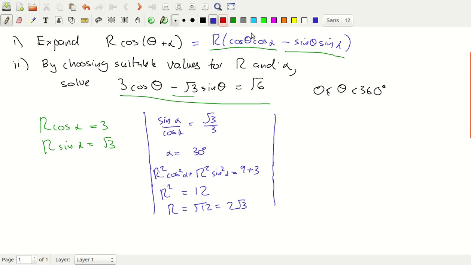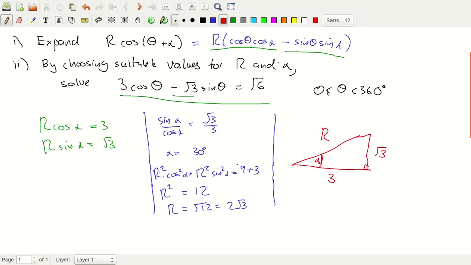The other method gets exactly the same answers, and I think I prefer it: rather than being heavy on the algebra, it's heavy on the geometry. So what does r cos alpha equals 3 make us think of? It should make us think of a right-angled triangle with hypotenuse equal to r and an angle alpha. Then r cos alpha would be the adjacent side, which is 3, and r sine alpha would be the opposite side, which is root 3.